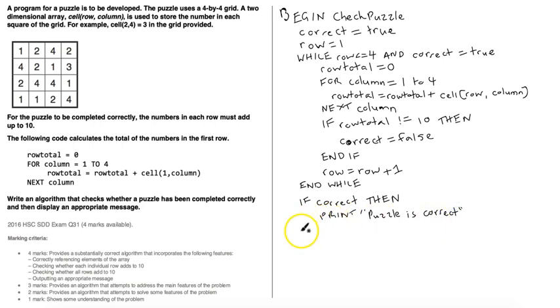Else we'll print puzzle is incorrect. And that is the end of the algorithm.